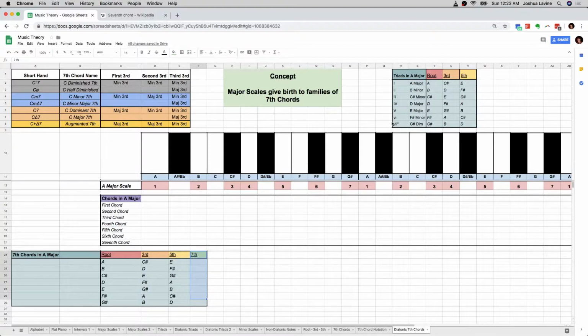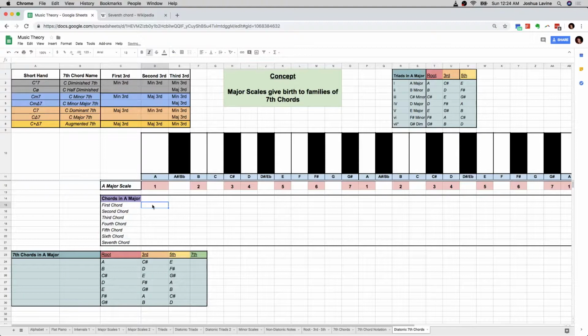Okay, and I'm going to do that using the same technique that I did in the previous spreadsheet, but now I'm using an even cooler thing, which is that certain of these squares, when I put something in them, are going to turn colors. So all the root notes are going to be red, all the thirds of all the chords are going to be orange, and so on.